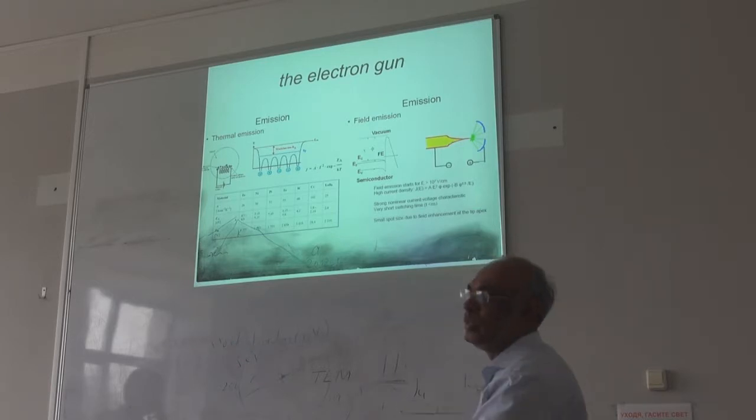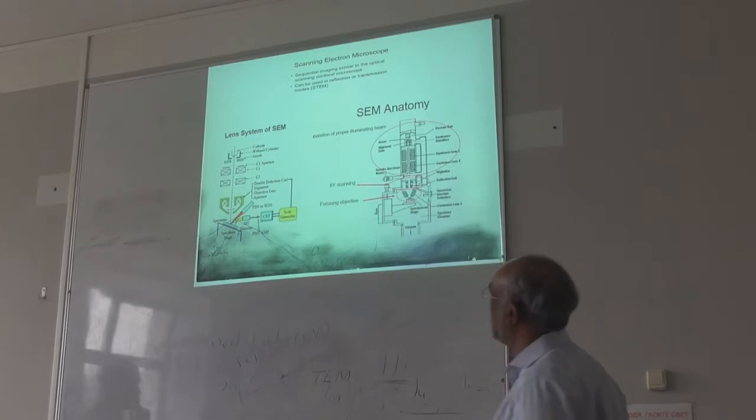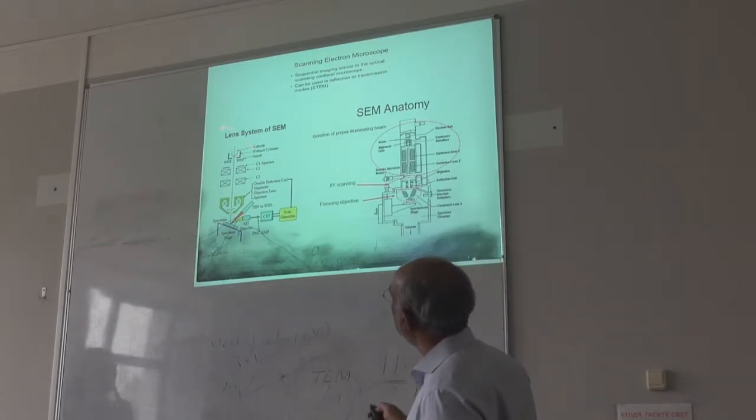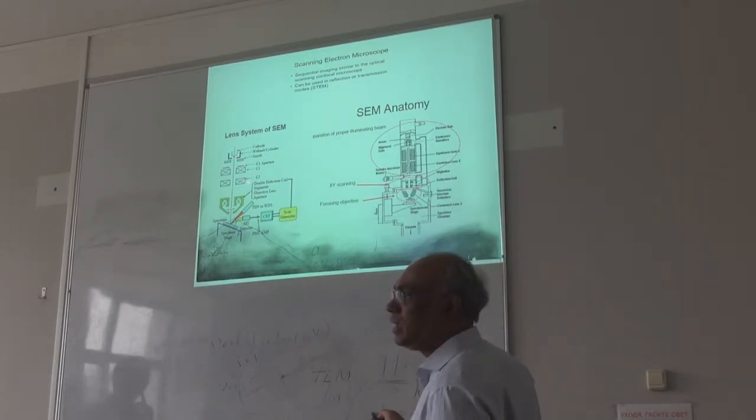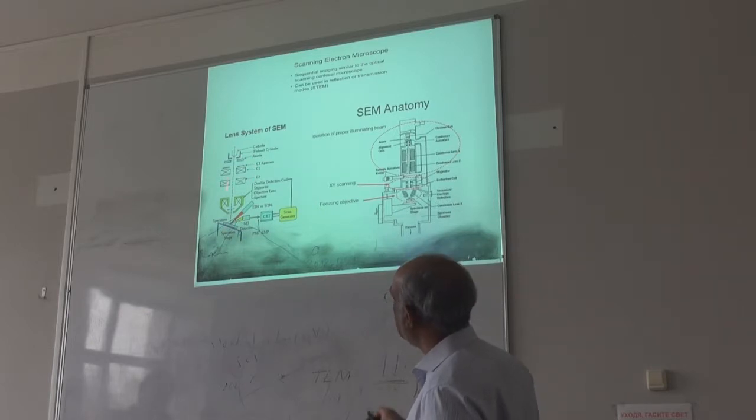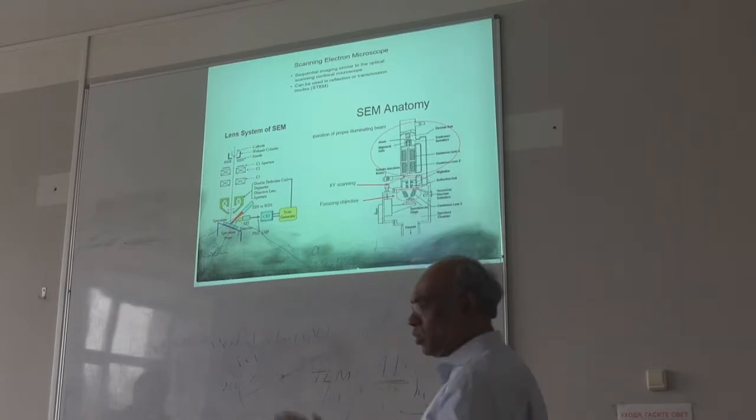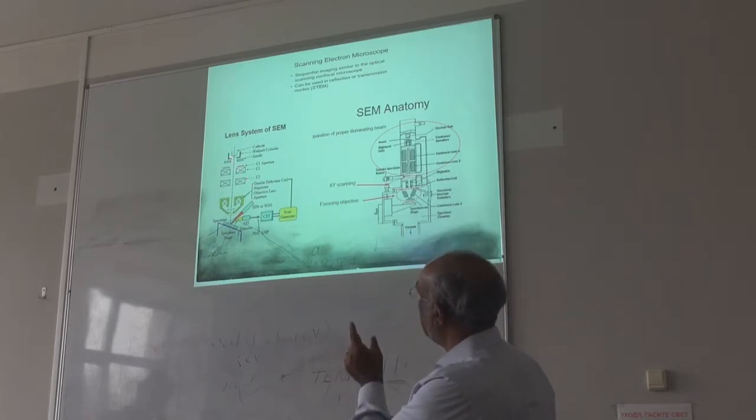So this is how to generate electrons. Once you generate the electrons, you have to pass them along and focus them. For that you need some magnets and some electric fields. Then you can focus the beam onto the sample.